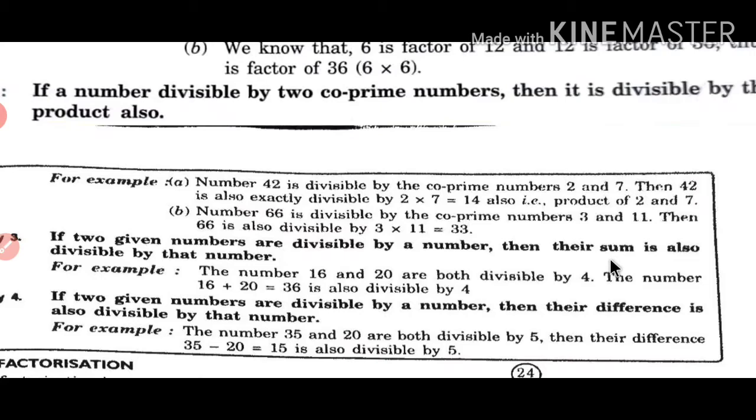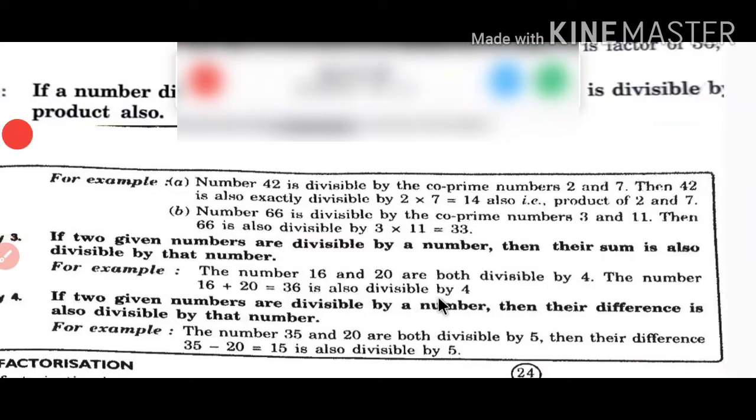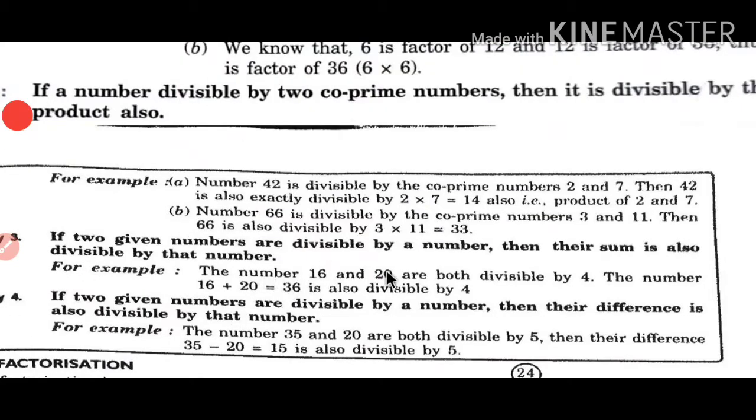Then their sum means plus. So 16 plus 20, which is equal to 36, is also divisible by 4. So if we add these two numbers, the answer we get is also divisible by 4.